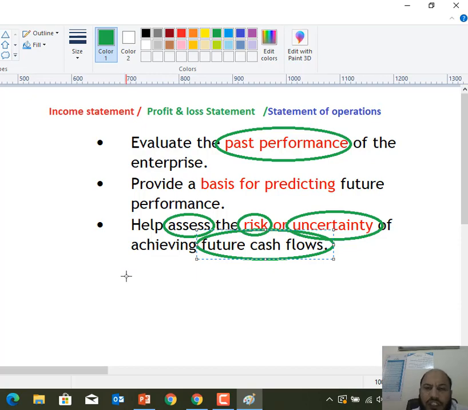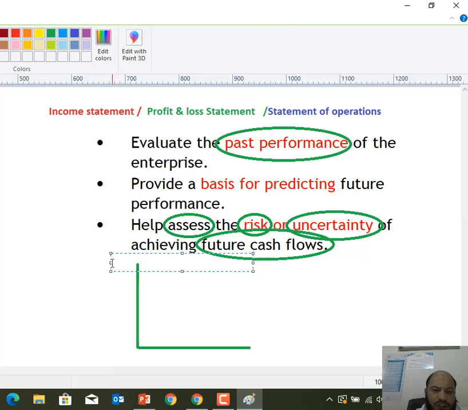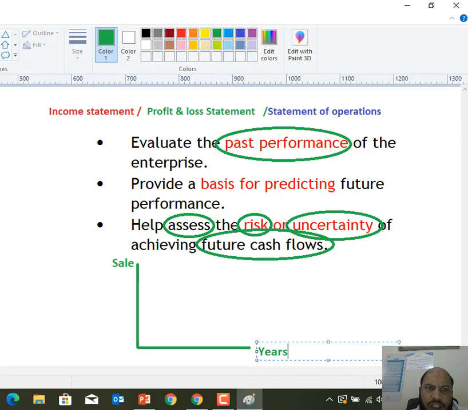For example, consider that the current year sale is this much, and the next year sale is this much. Here we will show the sales, and here we will show the years. This is year 1, this is year 2, and this is year 3.